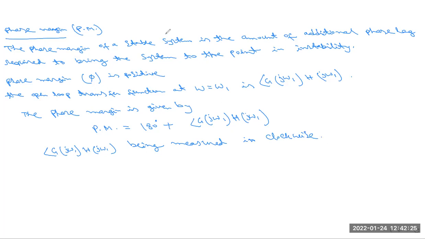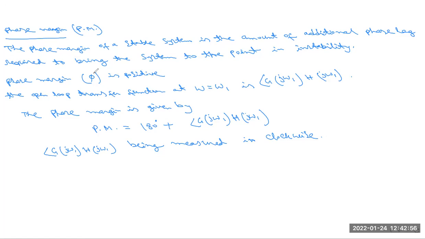So I conclude this phase margin. This phase margin, PM, of a stable system is the amount of additional phase lag the system requires to bring it to the point of instability. When we plot this criterion in our Nyquist plot in the previous diagram, we have to show the phase margin as one phase angle.